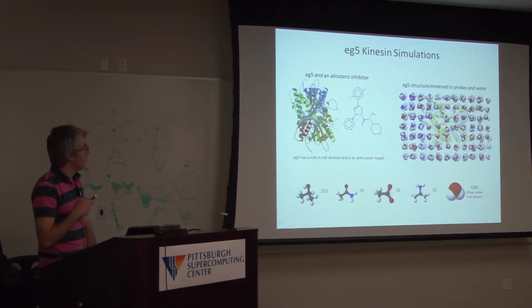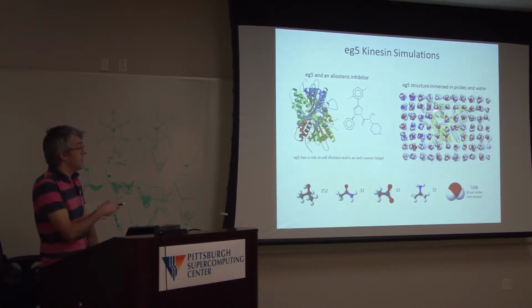Now, we take a target protein and place it in a box of probe molecules, and the probe molecules are pretty much randomly distributed, not in this figure, but in general. The space around the protein and between the probes is filled with water. So we have water and probe molecules.